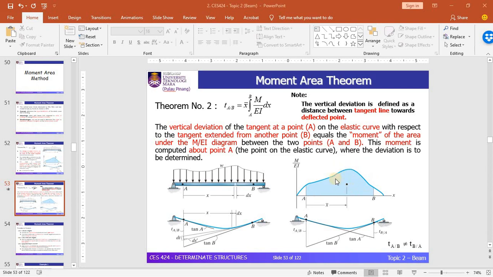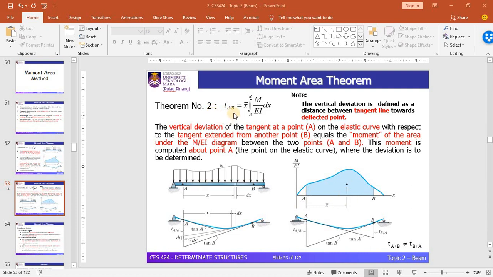The easiest way to identify the value of x bar is by looking at the first letter in the vertical deviation symbol in the expression. For instance, here A comes first before B. So in this diagram, you can see that x bar is measured from A to the center of gravity of the area.